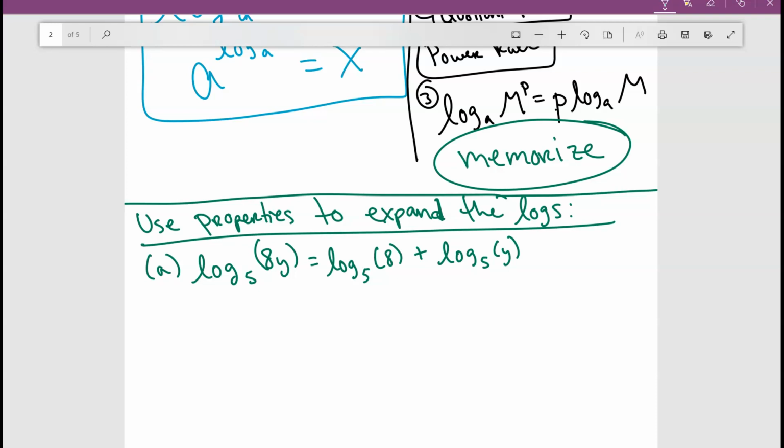You are done when there's no exponent or anything together. You can't reduce log base 5 of 8; that's going to give you a decimal if you put it in the calculator, but you're just going to write that.